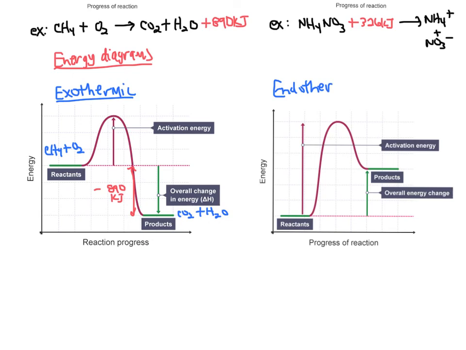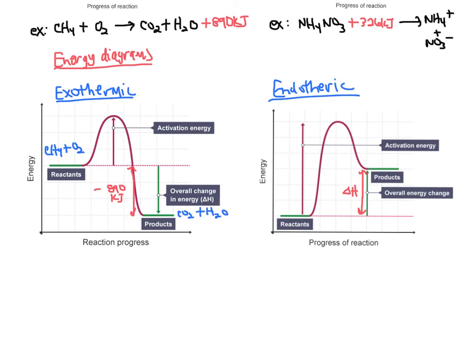An endothermic energy diagram, and you will be drawing these, so hopefully this makes sense. Your reactants start at a lower amount of energy than your products do. So your delta H here is going to be an increase. You're going from a lower amount of energy to a higher amount of energy.